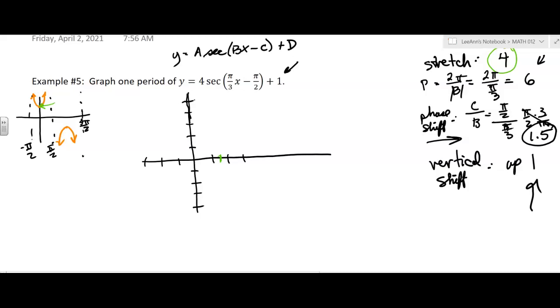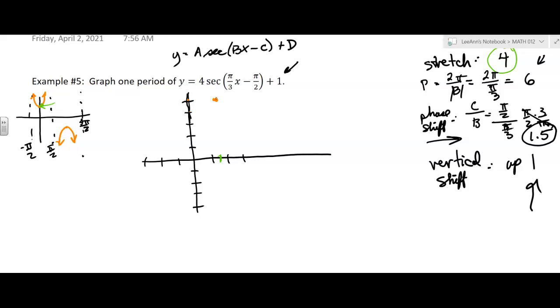What used to be at 4 is now at 5. It would have been at 1 times 4, but then the whole thing shifts up, and it happens over here because of the phase shift. That's a point. We won't draw in the rest of the curve till we get our asymptotes placed.